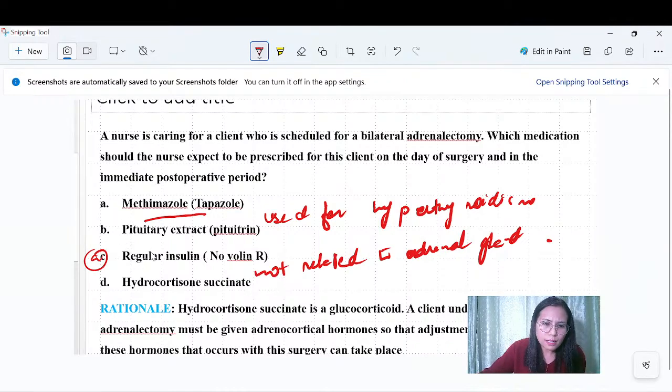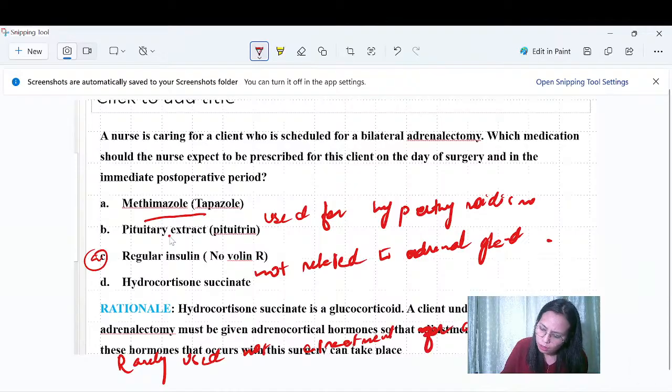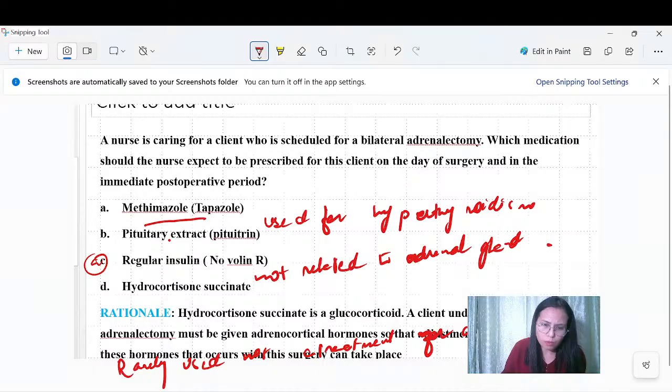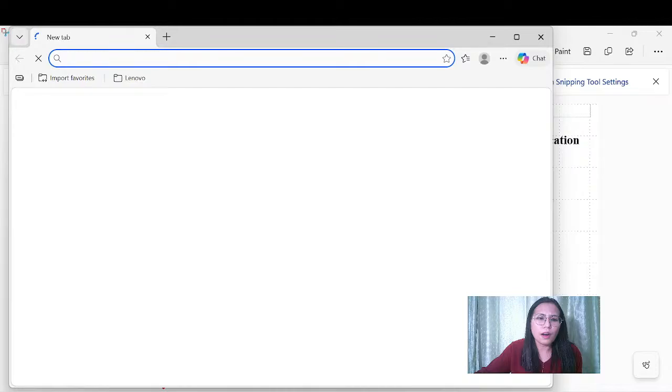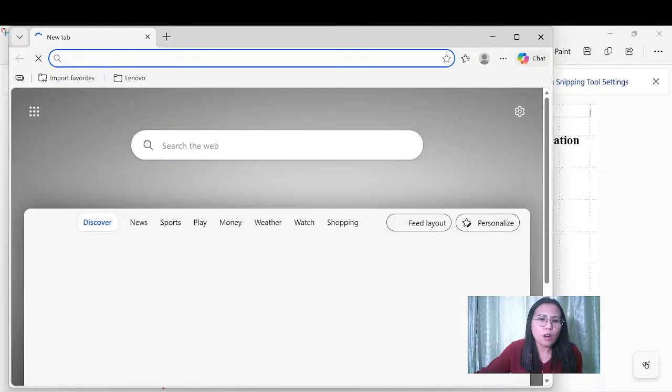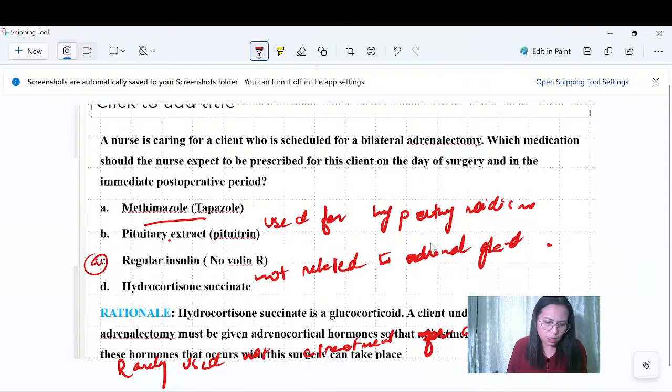And then the second one is the pituitary extract, which is rarely used, not a treatment for adrenalectomy. Okay, and the third option is regular insulin, which is used for diabetes. The correct option is hydrocortisone succinate.